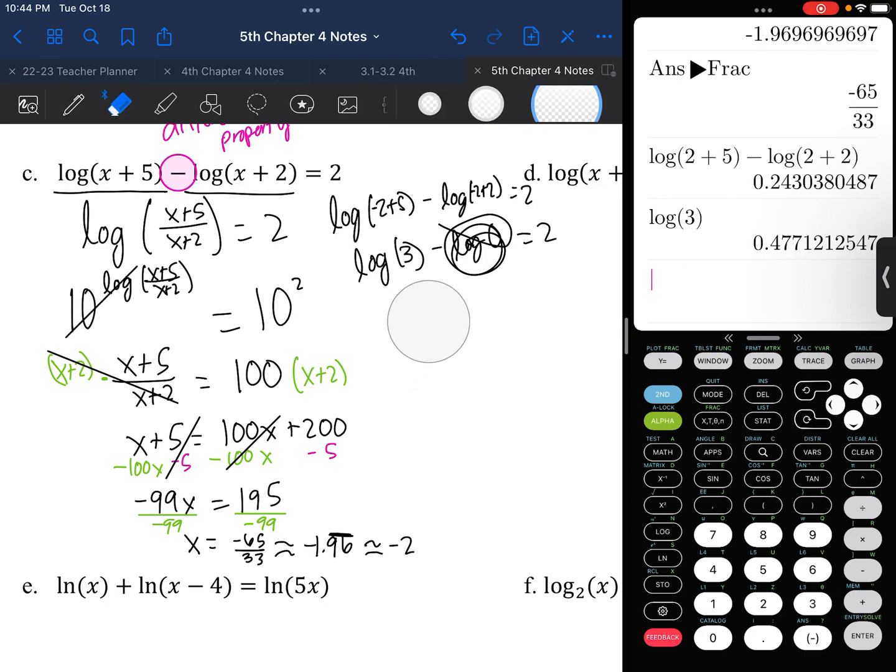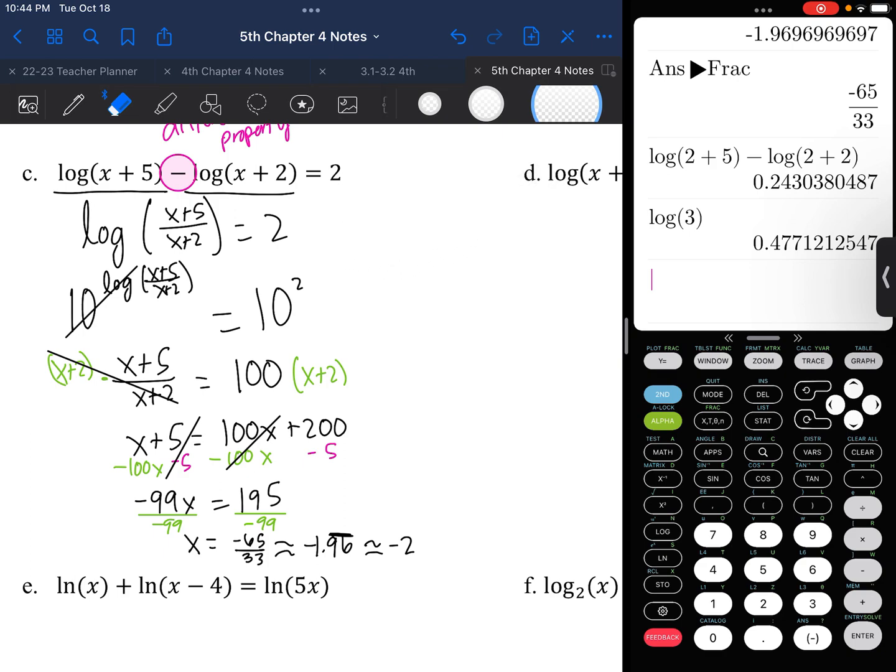Uh-oh. What's happening? Okay. So we need to go back and look, and we need to double check for mistakes. This may be an extraneous solution. Okay. So let's check without any rounding is the first thing I'm going to do. Let's not round at all. So let's say the log of negative 65 over 33 plus 5 minus the log of negative 65 over 33 plus 2, and see what that does.